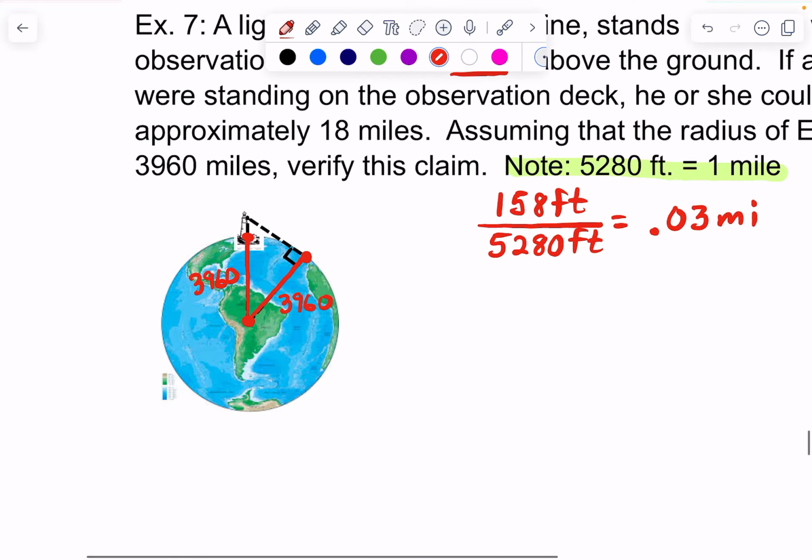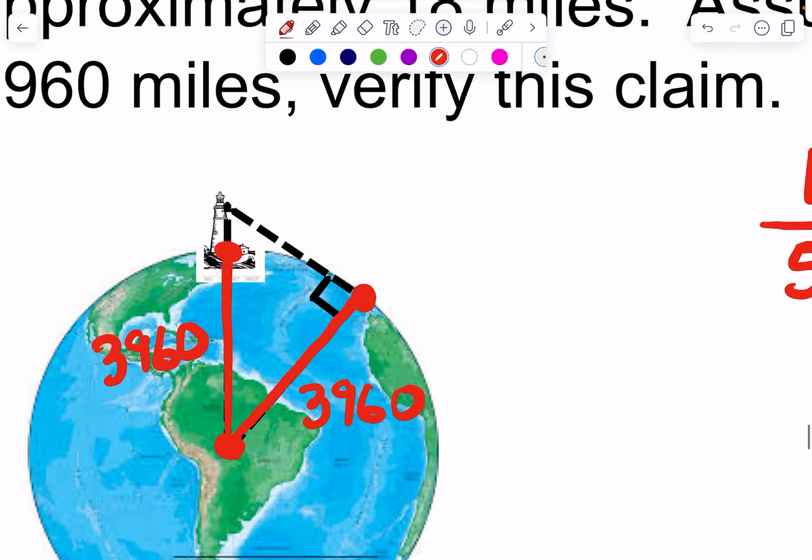So now we can write that the distance from the base of the lighthouse to the observation deck is 0.03. And the claim that we're trying to prove is that from the observation deck, looking out into the horizon of Earth, we can go ahead and see for approximately 18 miles.